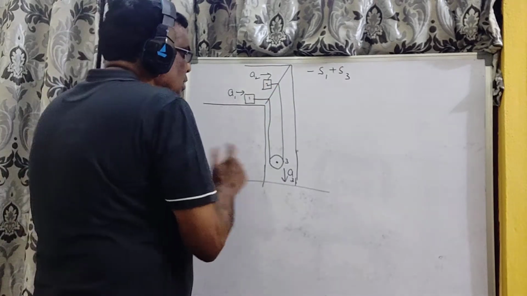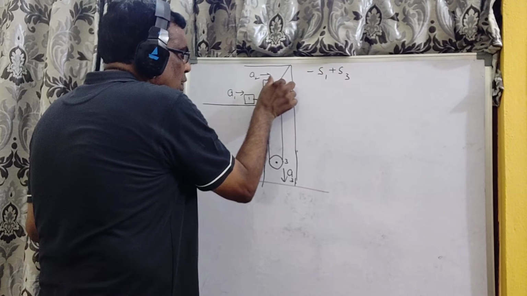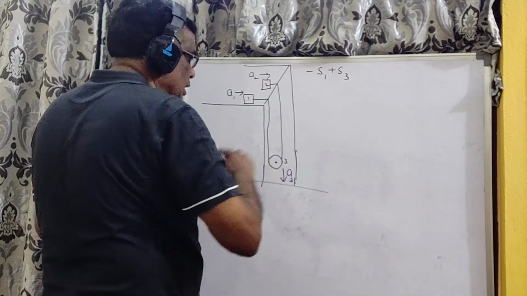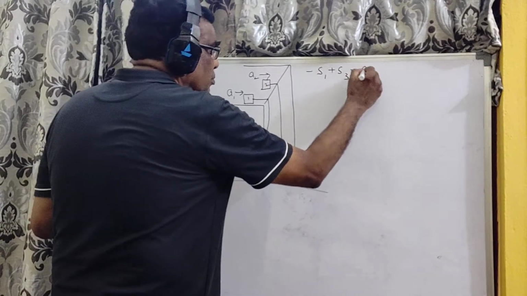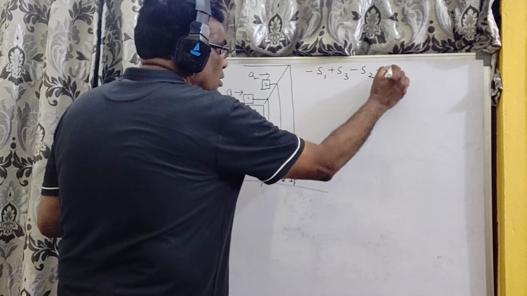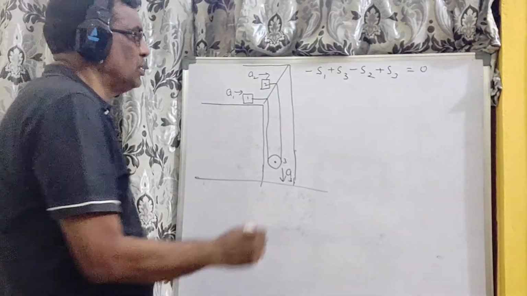Now, look at the other segment, again minus, because it is decreasing, and from here to here it is increasing. So for this minus S2, for this plus S3, the total must be equal to 0.